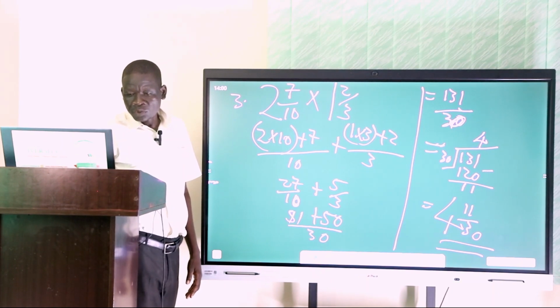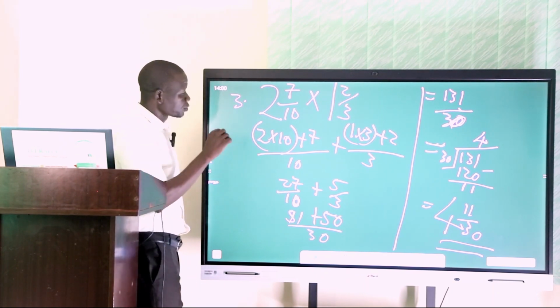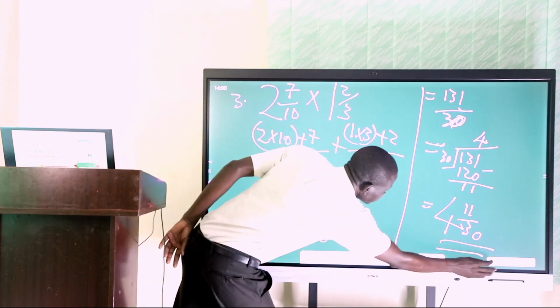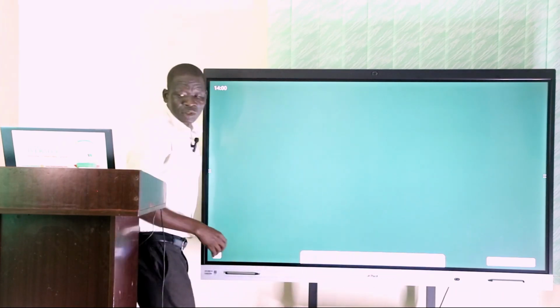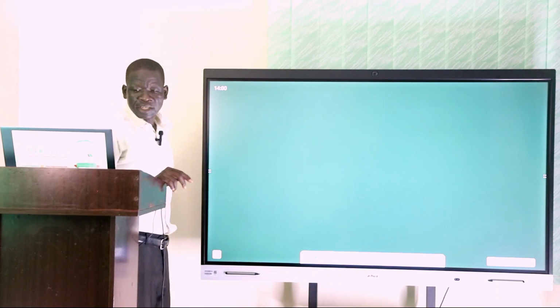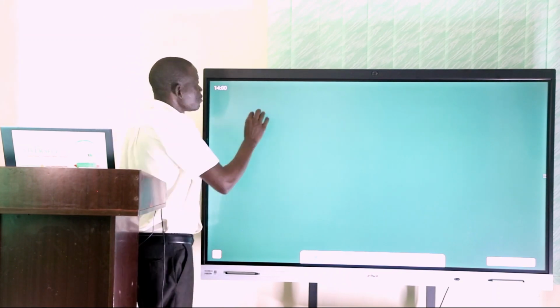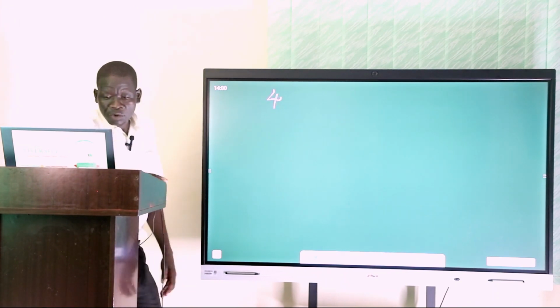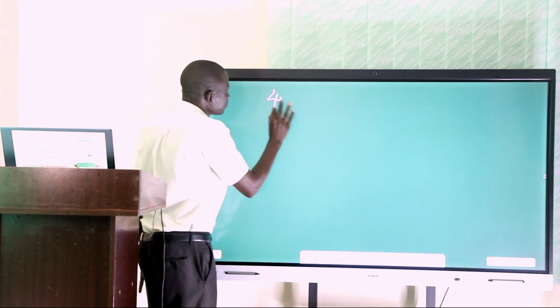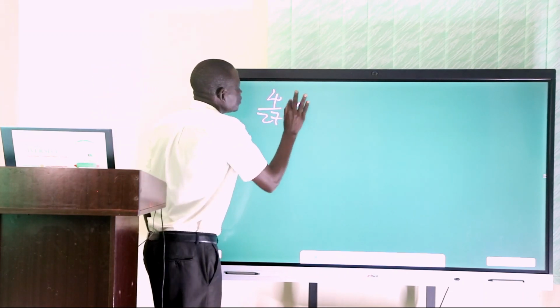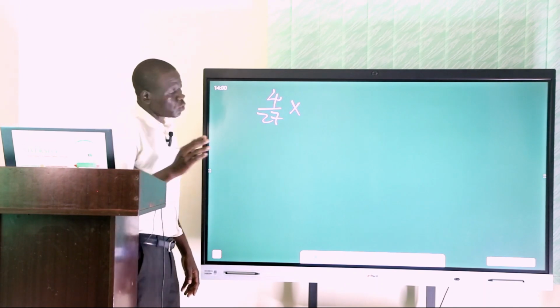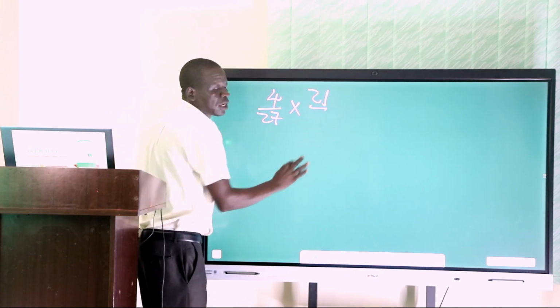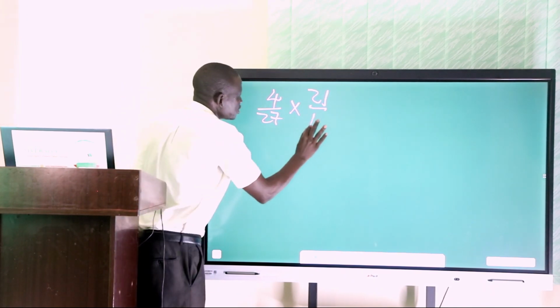For example, we can have an example like 4 over 27 times 21 over 16.